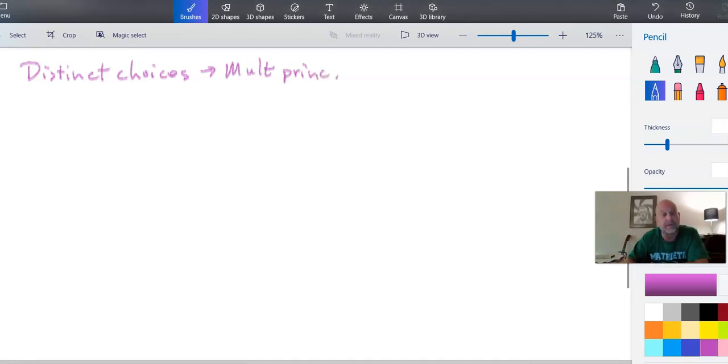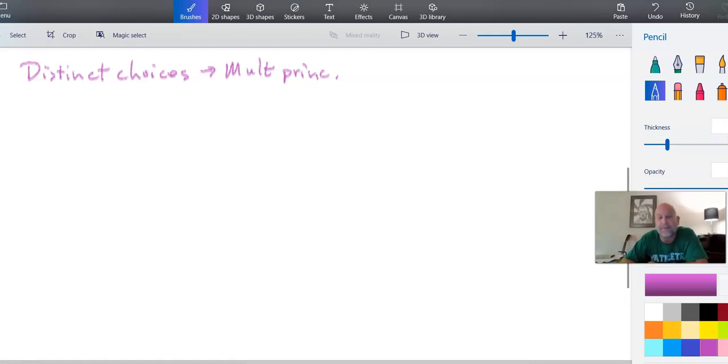That's like when we had the different shirts, different pants, and all that kind of stuff. Each one of those choices is distinct from the other ones, and so we end up multiplying the possible choices at each level.